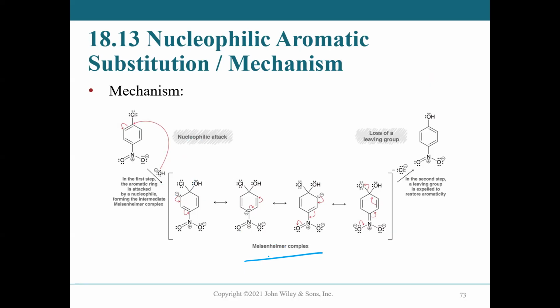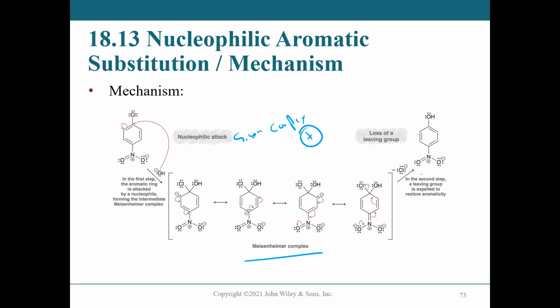It says, note for the Meisenheimer complex, this intermediate exhibits a negative charge. Remember, before we had a positive charge for the sigma complex. But here we have a negative charge that is resonance stabilized throughout the ring.